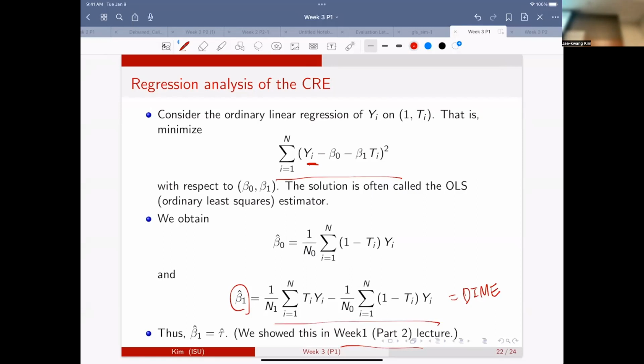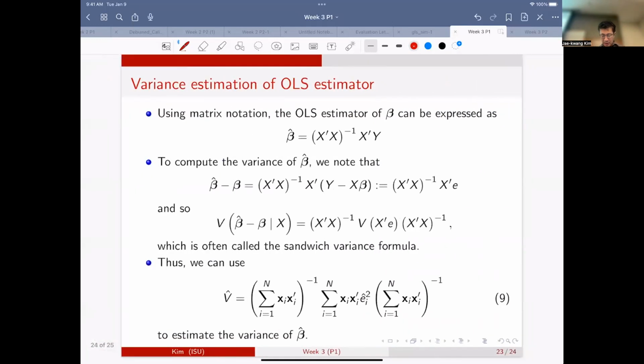So now the next question is how to estimate the variance of this estimated regression coefficient. Well, using matrix notation, I hope you understand what I'm talking about when I write it this way.